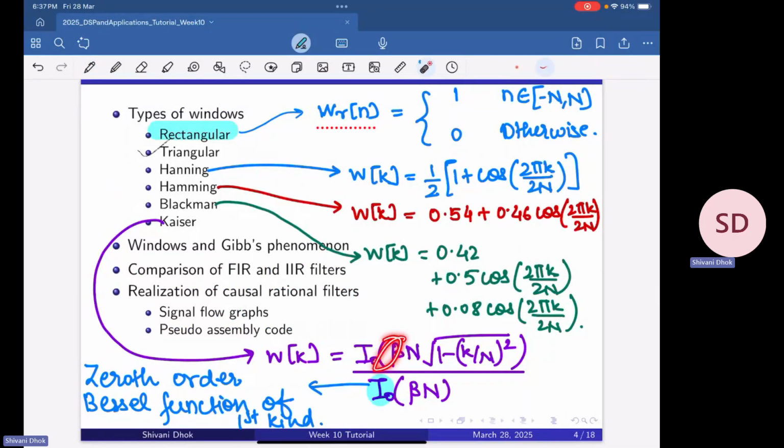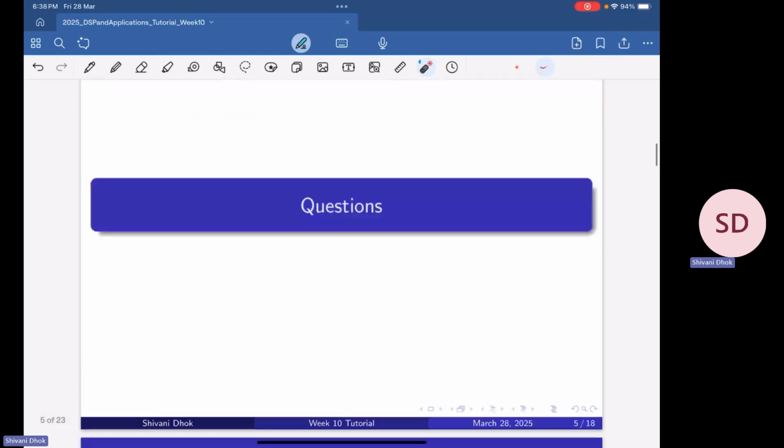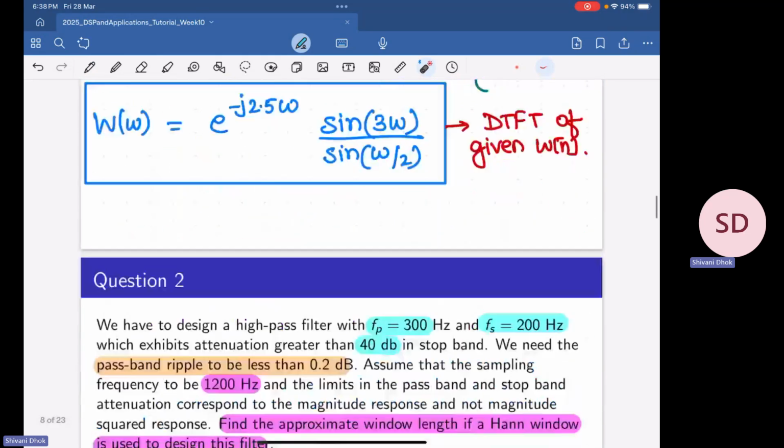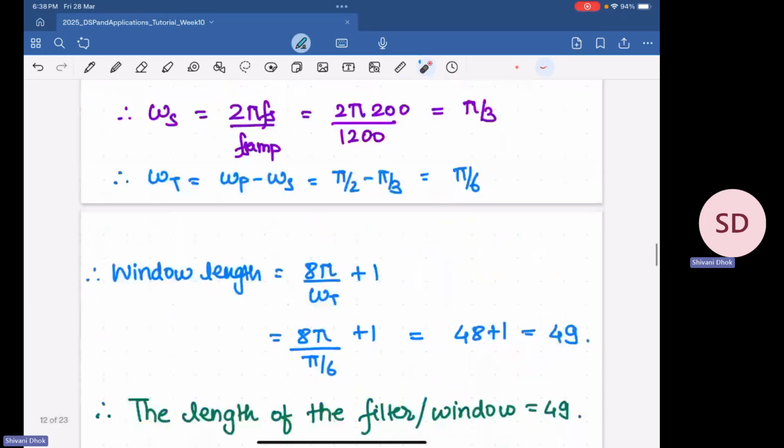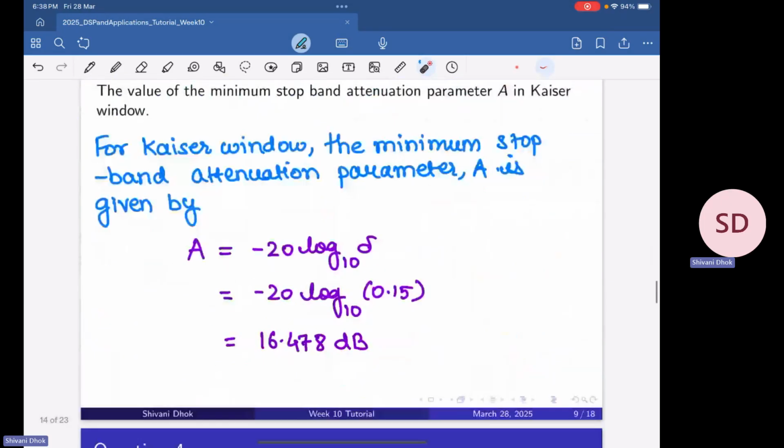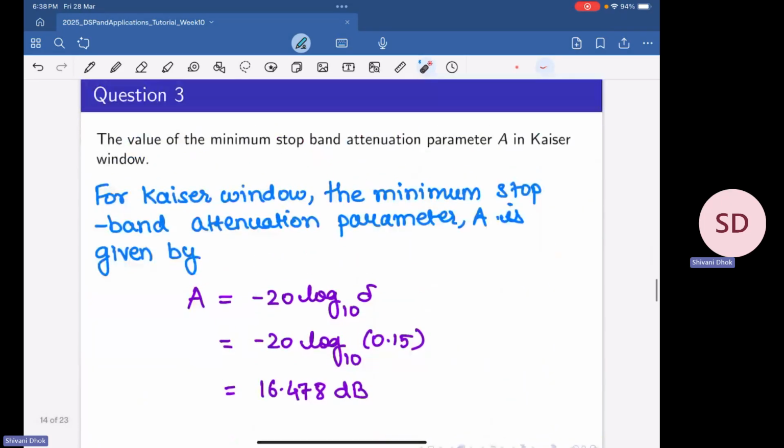One is your beta, another is n. However, these two parameters can be obtained with the help of the A, that is the stop band attenuation factor that we have used. Now using this, we will find out the beta and the n.